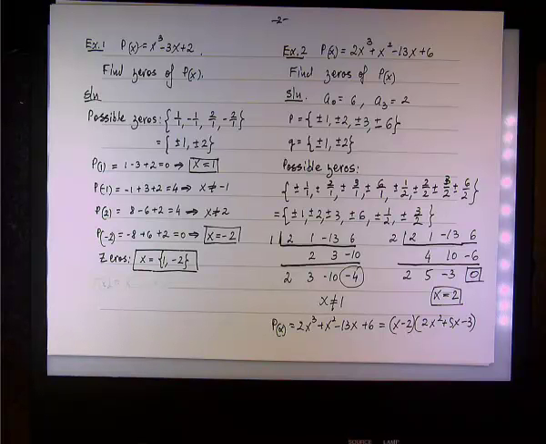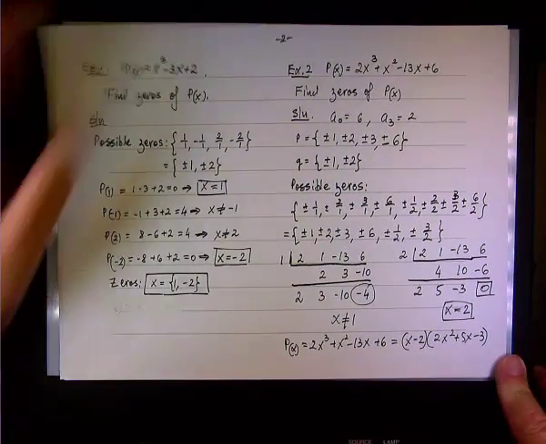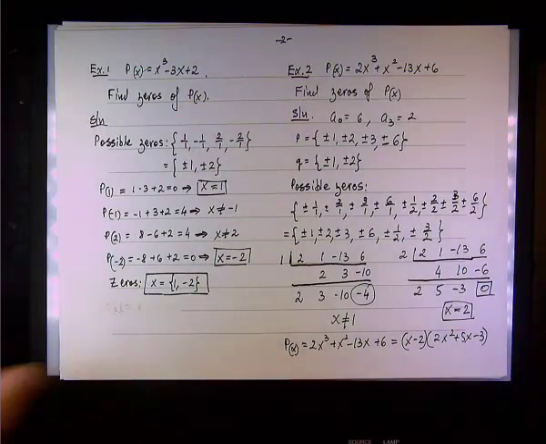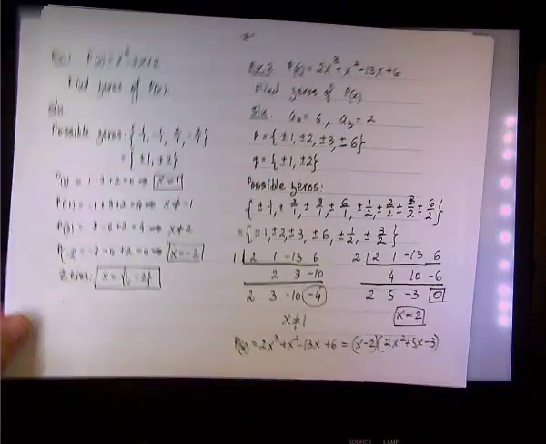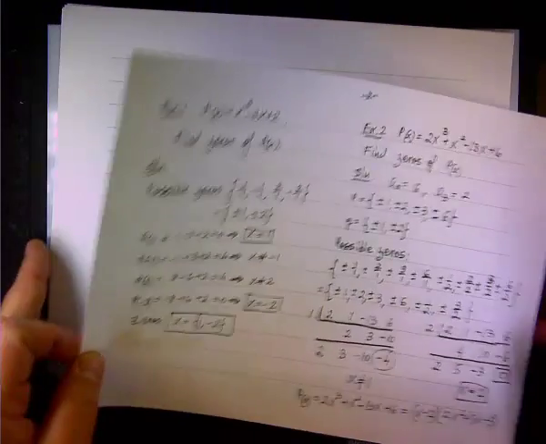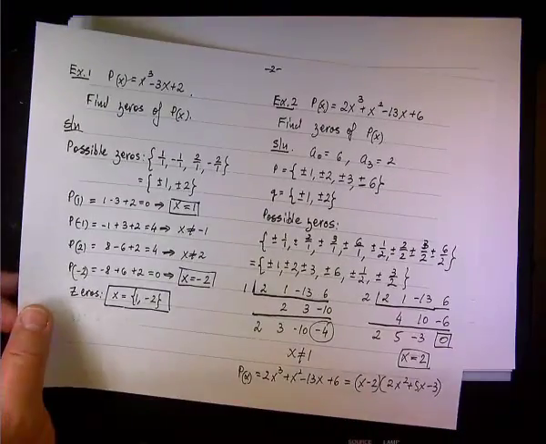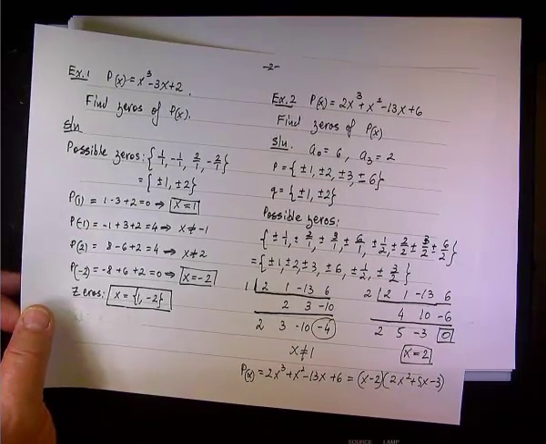So if you have cubic, all you need is 1 zero. If you have quartic, 4th order, you need 2 zeros. If you have 5th order, you need 3 zeros until you get to quadratic. Because quadratic, we know how to factor. Sometimes we can also factor cubic.